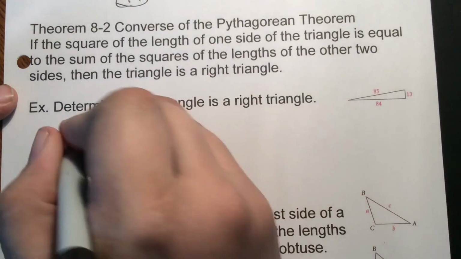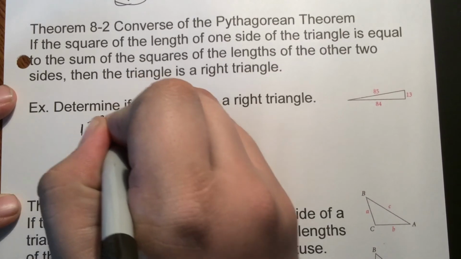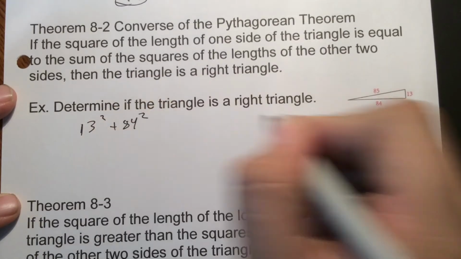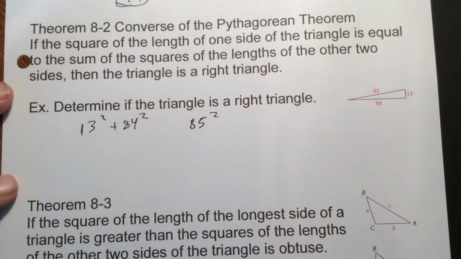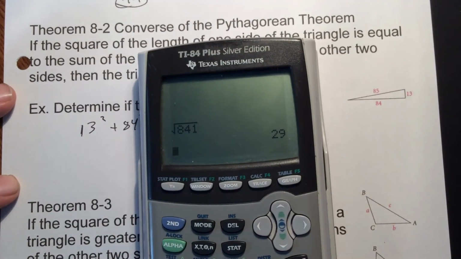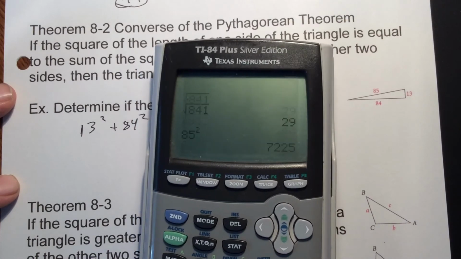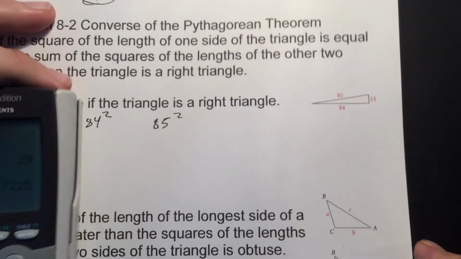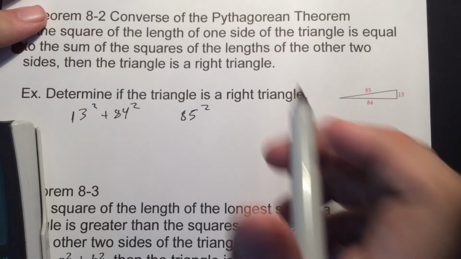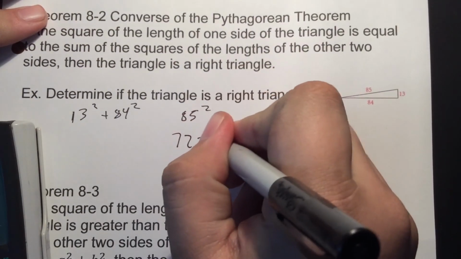So we're going to take the two legs. 13 squared plus 84 squared. On the other side of this, we're going to do 85 squared. So 85 squared equals 7225.